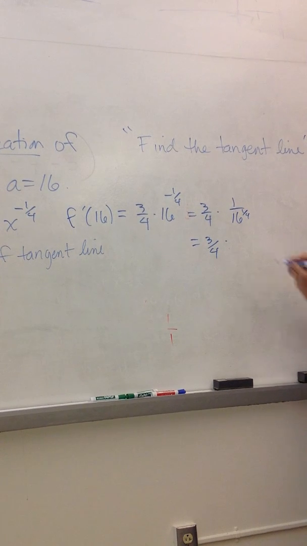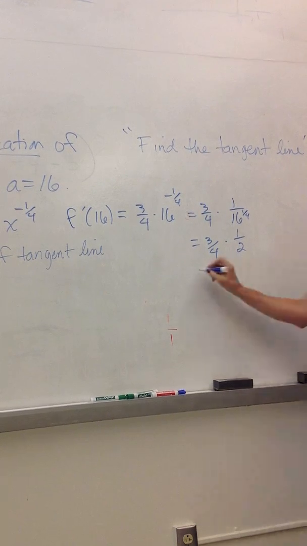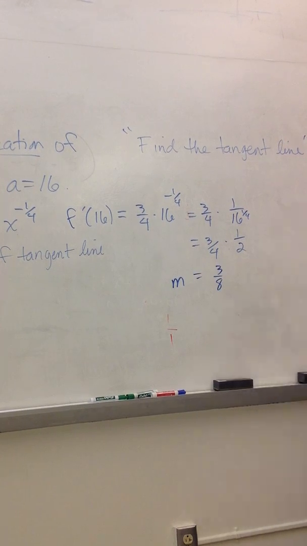The book often writes these so that the numbers work out nicely. So 16 to the 1/4 should be 2, because 2, 4, 8, 16 is my fourth power. So we get 3/8 as my slope. That's just the slope of my tangent line.